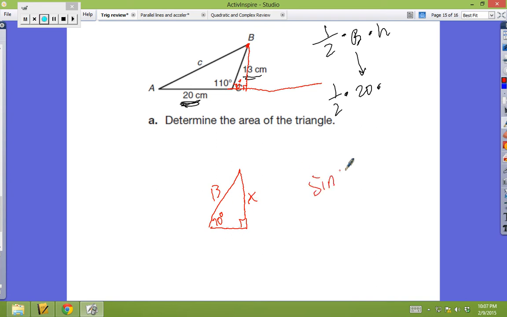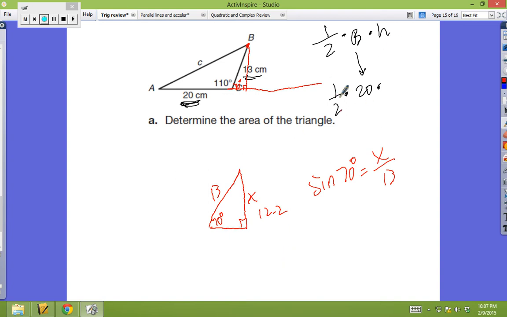I can do the sine of 70 degrees. And that equals opposite over adjacent. So if I do 13 times the sine of 70, that means my height, this height, is 12.2.